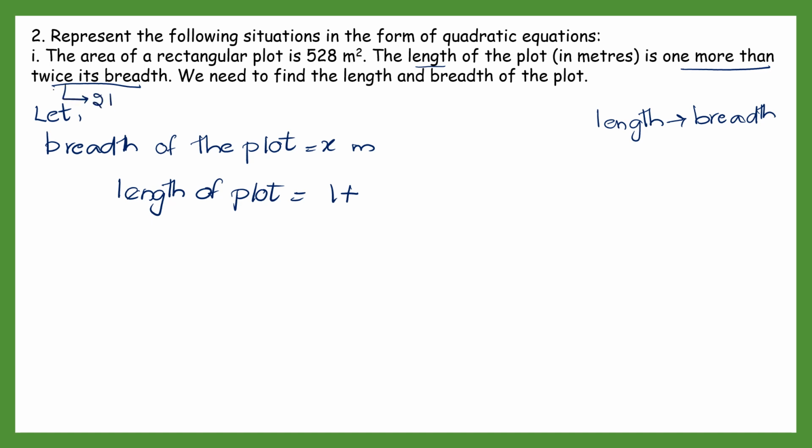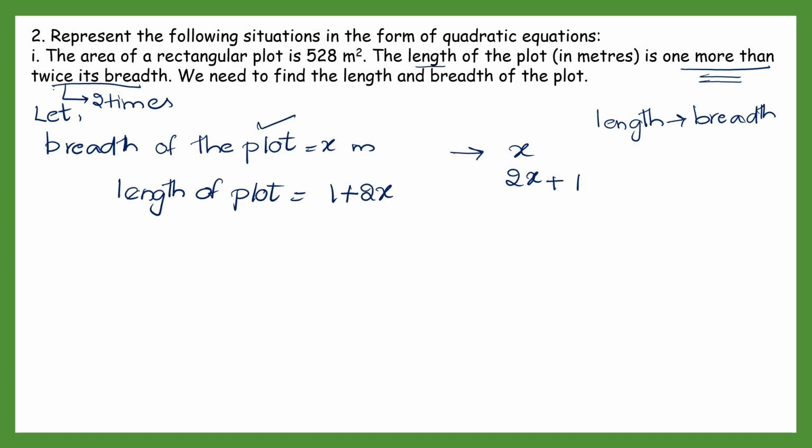So length will be 1 plus 2x. 1 more than, more means add. For what? For twice its breadth. Twice its breadth means breadth is x, twice its breadth means 2x. They said 1 more, so plus 1. So length will be 1 plus 2x.